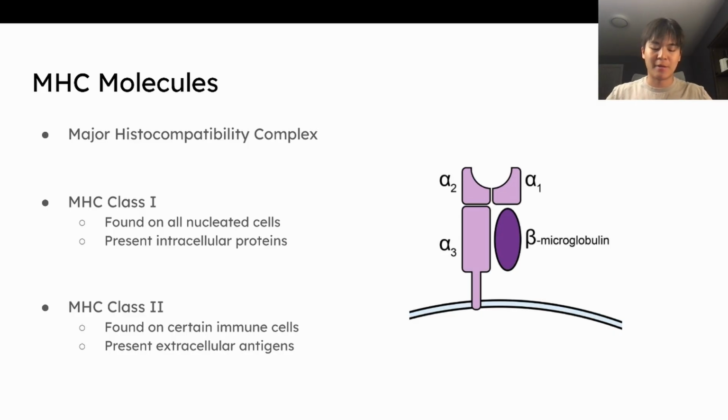Basically, a protein can bind up here, and that protein tells any other cells what's exactly going on in the cell. Obviously, it can't represent all the proteins. But for example, it might put an antibody up here, and that antibody might signal that it's being infected. Or it could be just a self-identifying protein, and then cells will be like, okay, you're fine. And this will be important very later on, and we'll explain why.